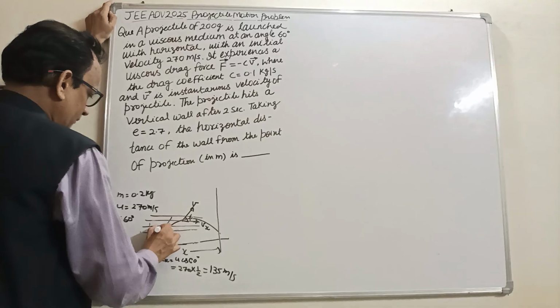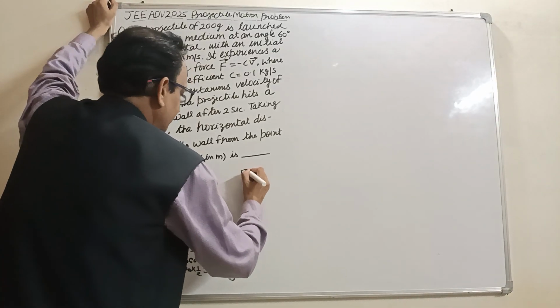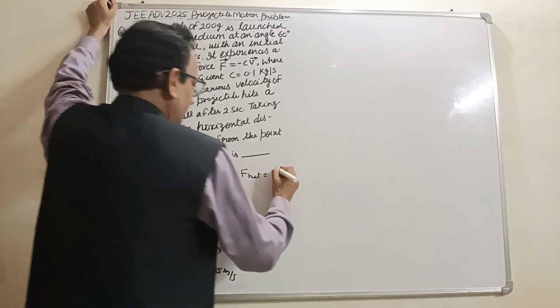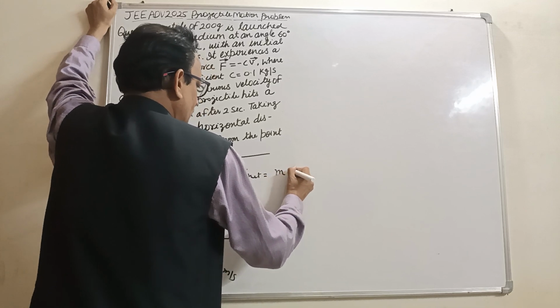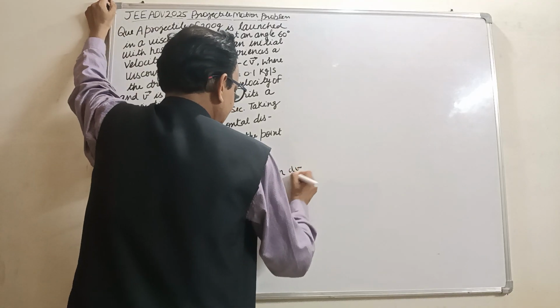So the net force here is not only gravity; the net force is of two types. F net is m into a, the acceleration, so m dv over dt.